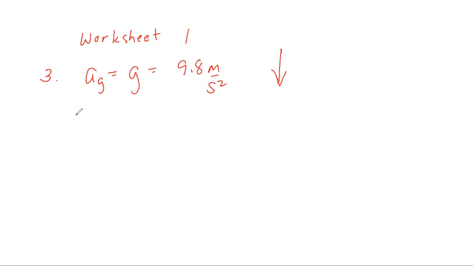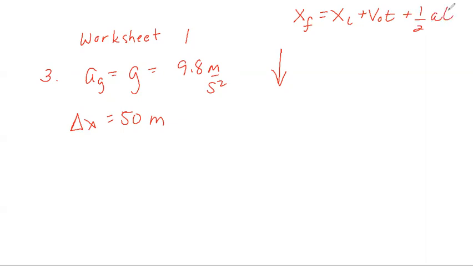So we have the displacement, delta x, equals 50 meters. I'm going to use our displacement equation, which, if I can remind you, x final equals x initial plus v naught t plus 1/2 a t squared. And our x final is going to be 50 meters.